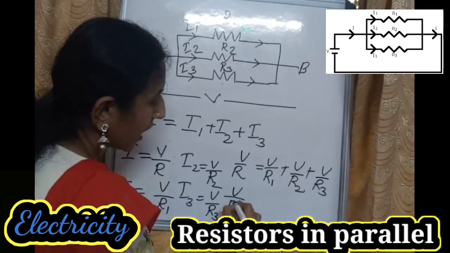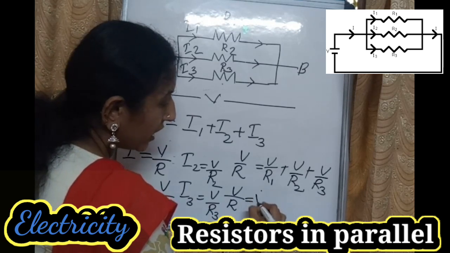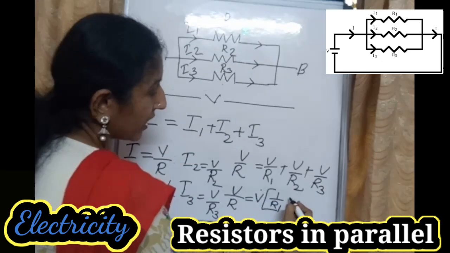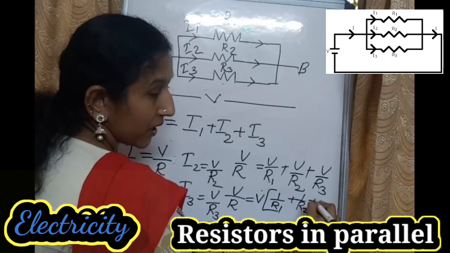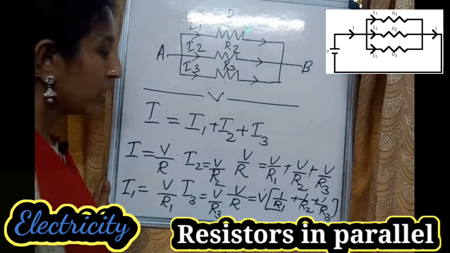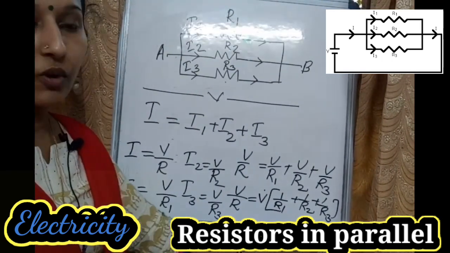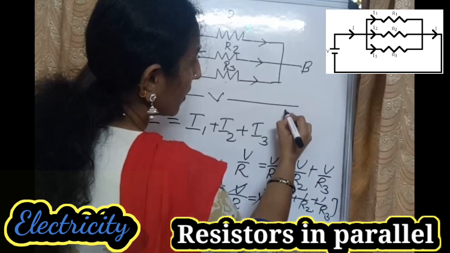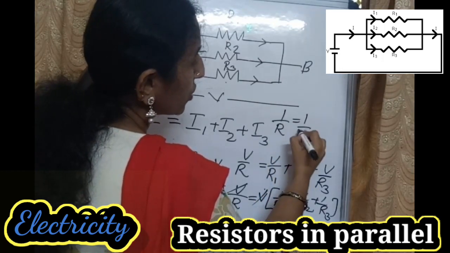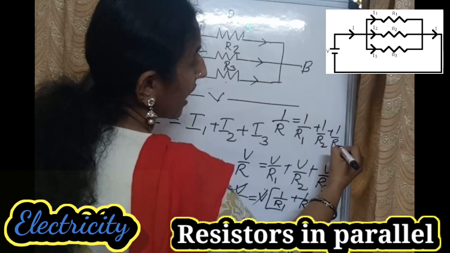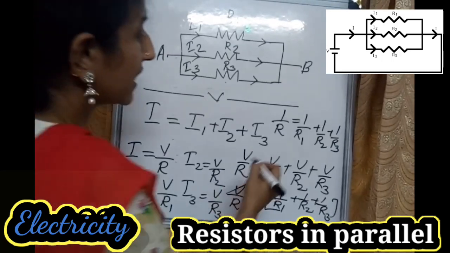V by R equal to V into 1 by R1 plus 1 by R2 plus 1 by R3. If V is taken out, so only what remains? 1. Cancel V. So what do you get? 1 by R equal to 1 by R1 plus 1 by R2 plus 1 by R3. So here the resistors are connected in parallel.